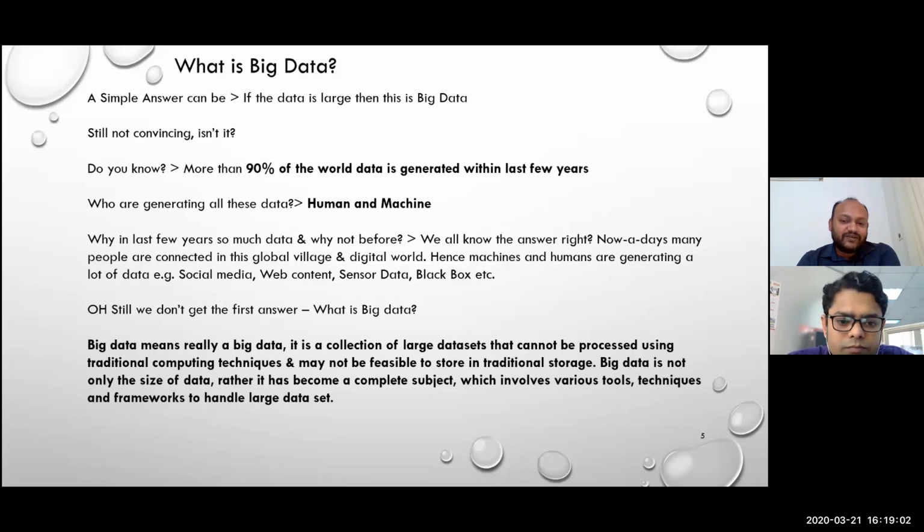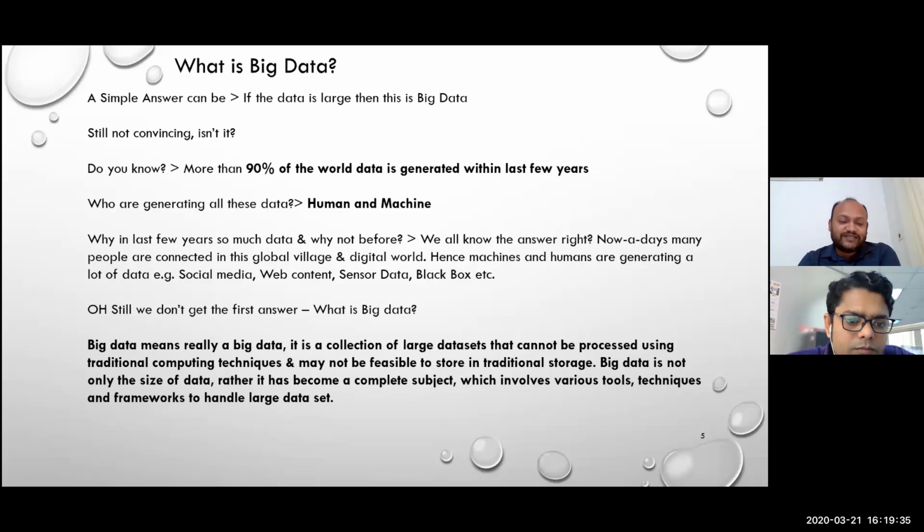And one interesting fact is that 90% of the world's data has been generated in the last few years, because as soon as we introduced the internet platform and covered our villages and the world using 4G, 3G technologies, we started to interact with a lot of applications: Facebook, YouTube, many different websites, e-commerce sites, and even airline black boxes and many sensors.